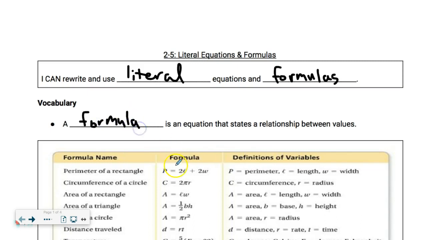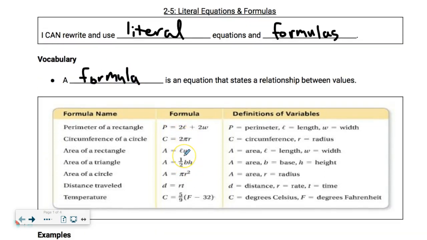If you look at these examples here, hopefully you've seen most, if not all, of these before. Perimeter of a rectangle, P equals 2L plus 2W. You might need a refresher there. Circumference of a circle, C equals 2 pi r.